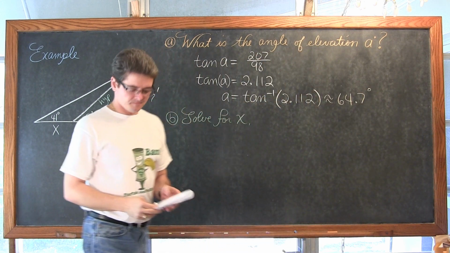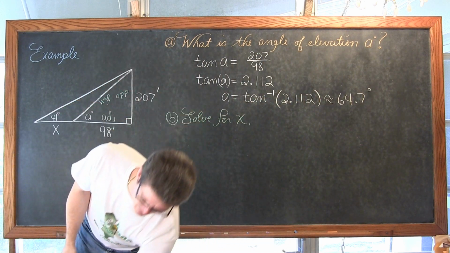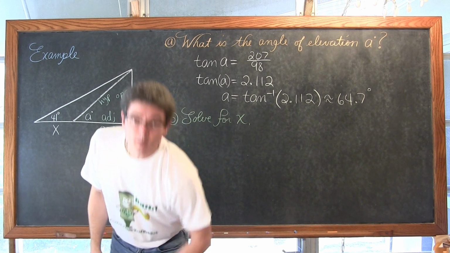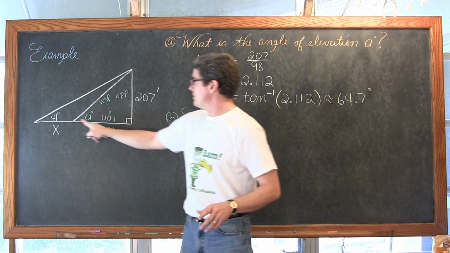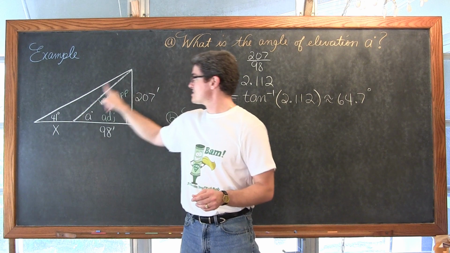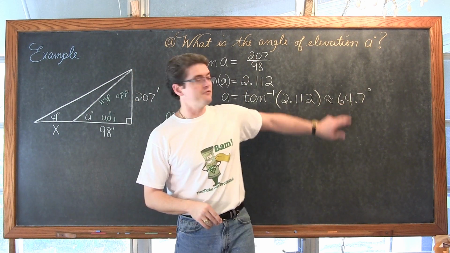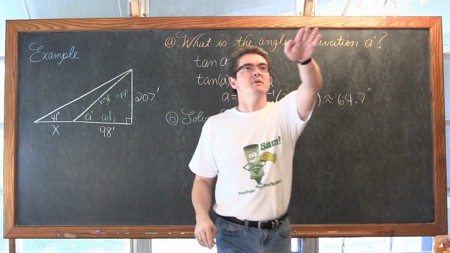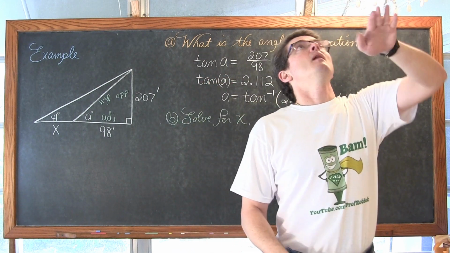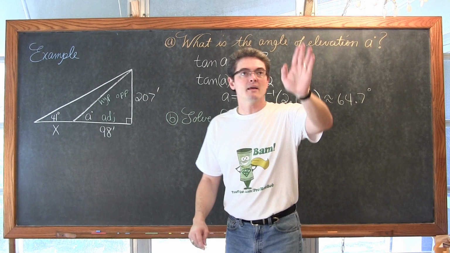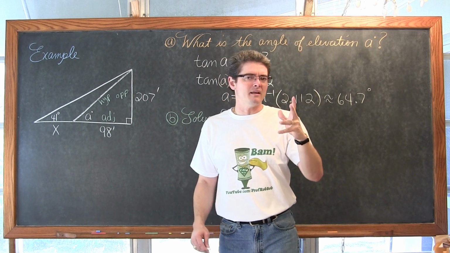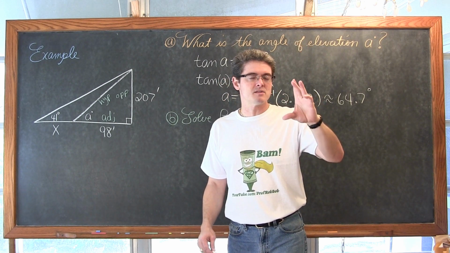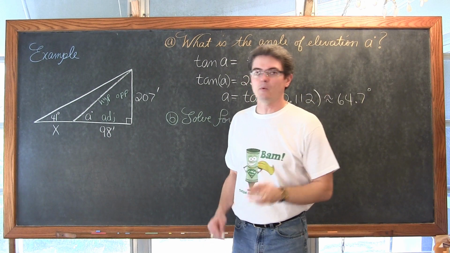Okay, now that makes sense from our diagram, because if I have to look up 64.7 degrees, as I get closer to a building, I have to look up and up and up more and more. But as I move back, the building appears to be smaller, right? Because it's going to get smaller as you move farther away.